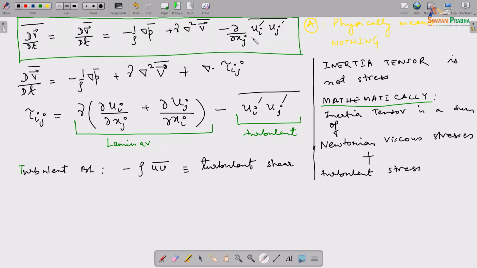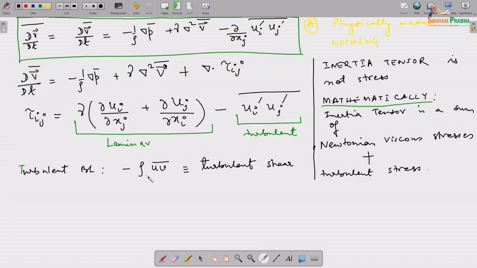So, what we said is that we will introduce this term tau ij, which is actually like a shear, and when I introduce that term, I write it in this fashion. So, mathematically it so appears that the inertia tensor that we have here is a sum of Newtonian viscous stresses and turbulent stress, right.